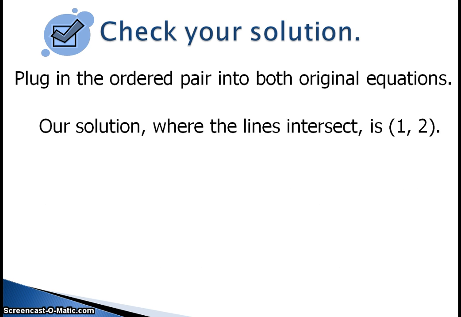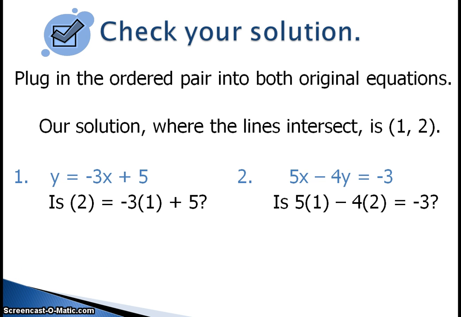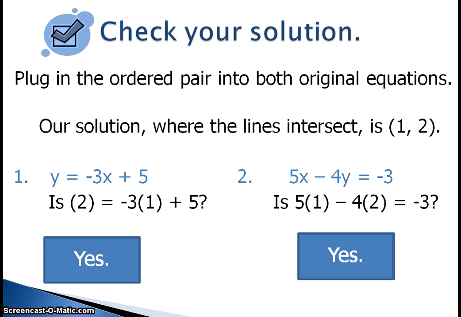So plug your ordered pair back into the original equations, not any that you have manipulated, and make sure that they make both equations true. In this case, they do make both equations true. So pause now and copy down everything you see on this slide.